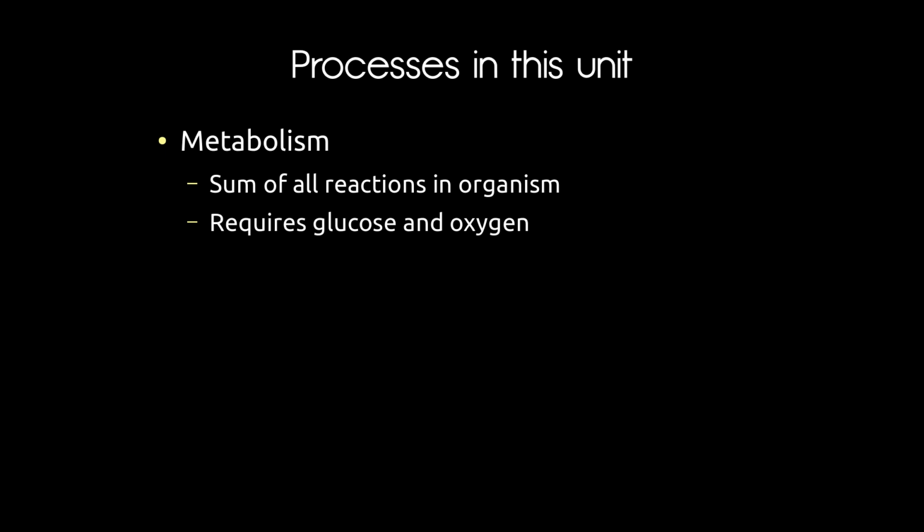Now, let's talk about the major processes that we will talk about in this unit. And the first of these is metabolism. Now, technically, metabolism is the sum of all reactions in that organism. Oftentimes, however, metabolism is used to more narrowly refer to processes associated with energy processing.